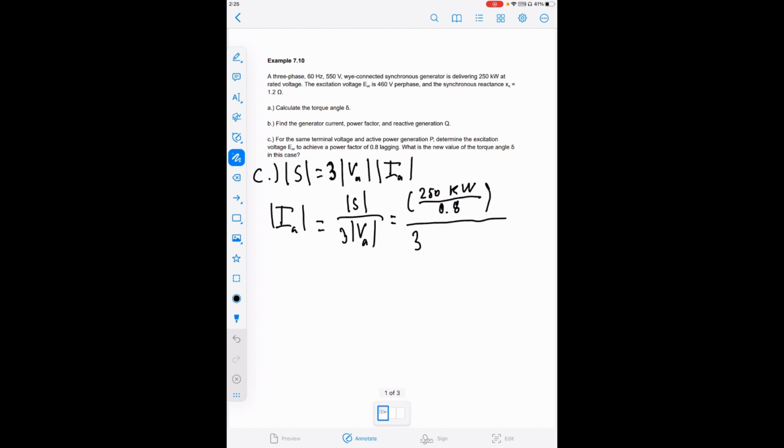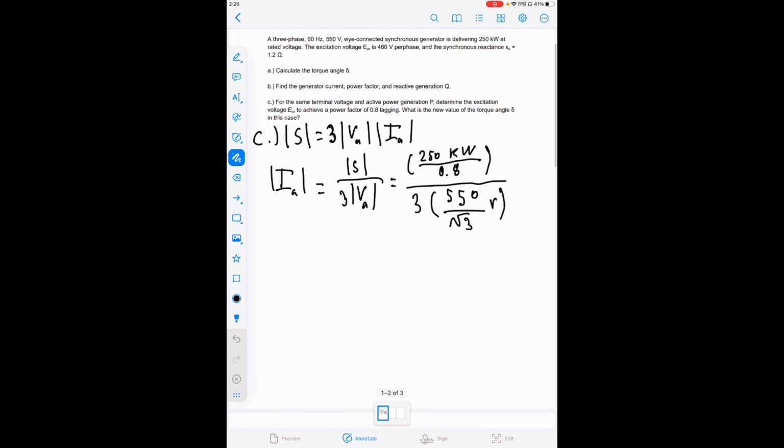and then our voltage, VA, is going to be equal to 550 divided by the square root of 3. So the magnitude of our current is going to be equal to 328.04.